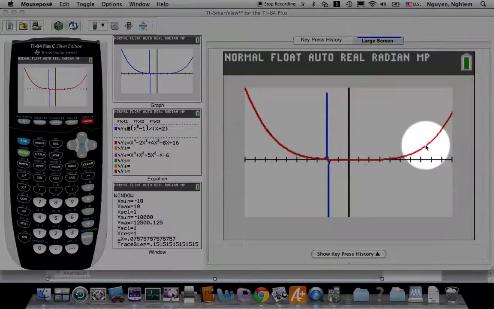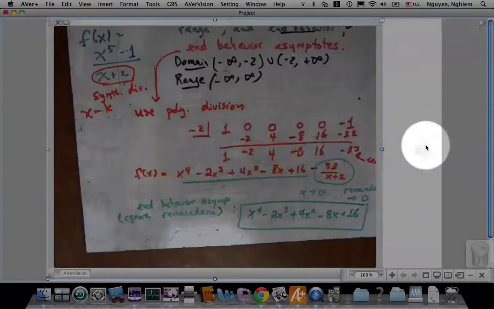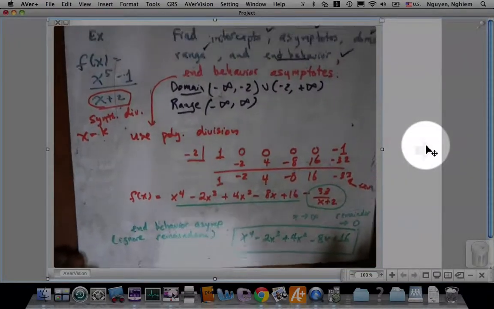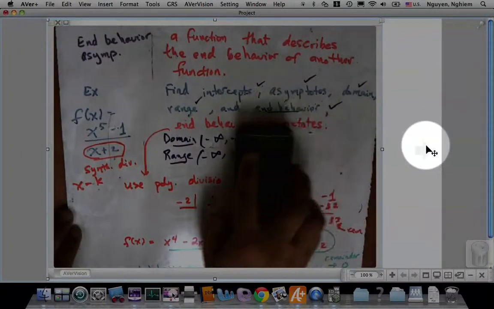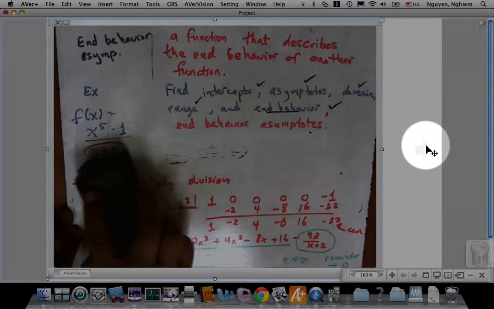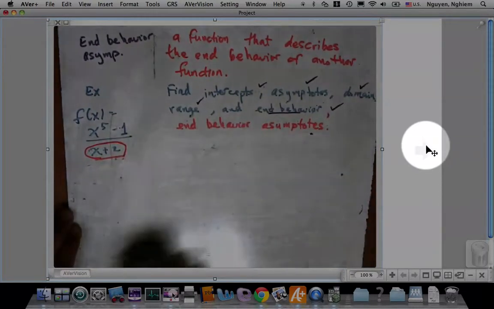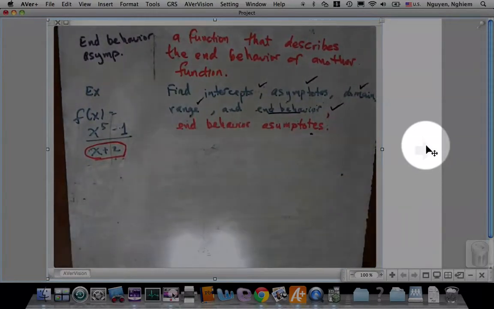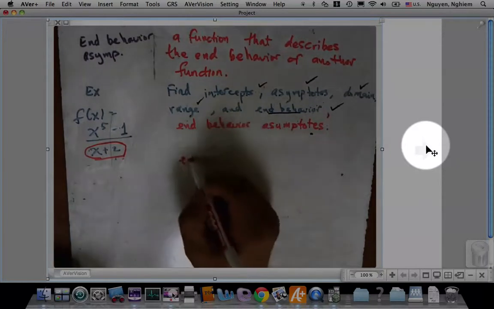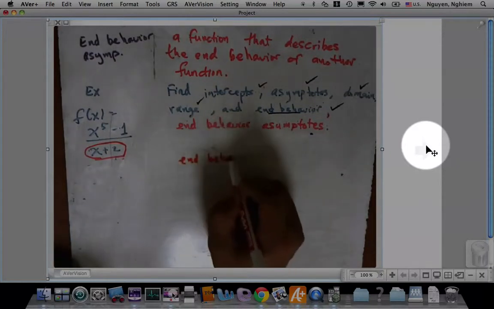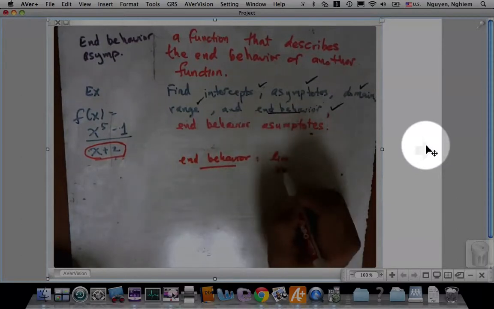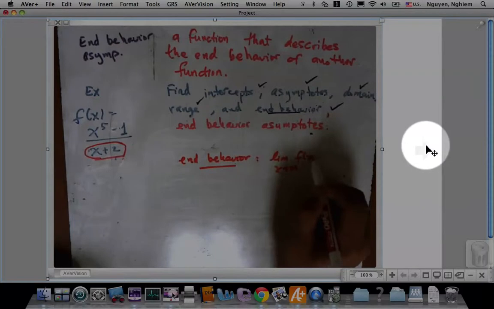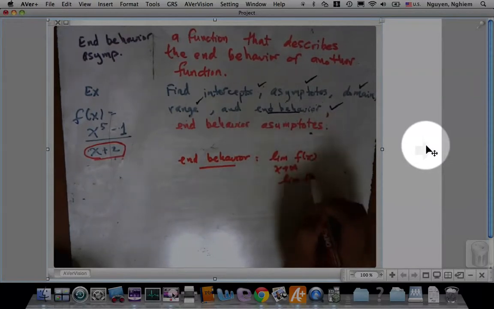Okay? Now, it's also a little bit complicated in some sense because of the notation and the vocabulary. We have end behavior and end behavior asymptotes. So I just want to hammer home this point here that end behavior is dealing with limits as x goes towards infinity and limits as x goes towards negative infinity.